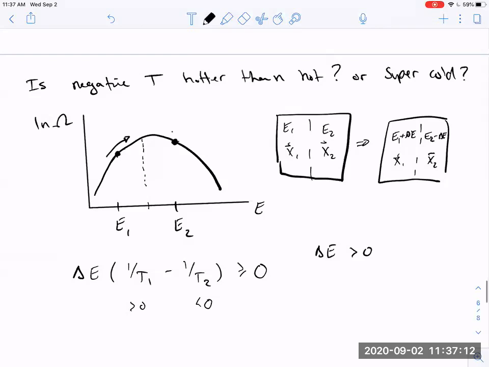The system over on the right will decrease its energy, such that the system evolves to maximize omega. That means the system over on the left, E1, gained energy, or that heat flows from negative temperature to positive temperature.